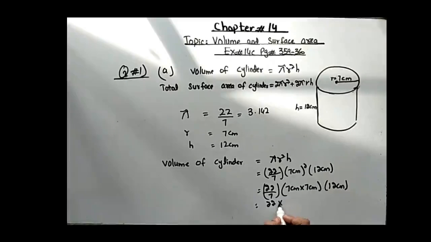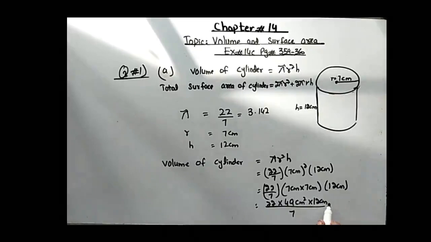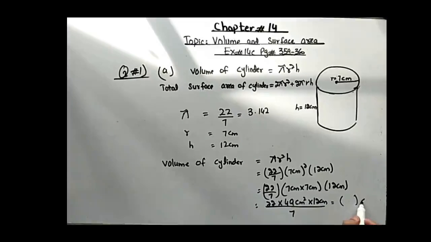22 multiply 7 7s are 49 centimeter square. Centimeter will multiply with centimeter, it will become centimeter square. Multiply 12 centimeter divided by 7. First you will multiply all these numbers, then it will become centimeter cube, because 1 centimeter is this one and this 2 centimeter is this one.